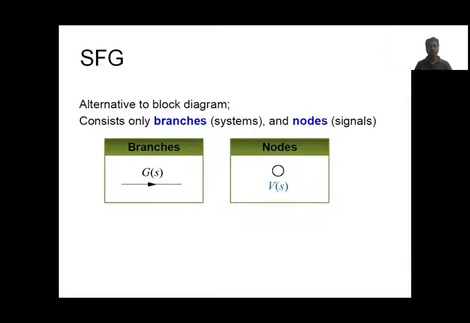And the signal flow graph also consists of nodes. Wherever the variable is there, wherever the takeoff point, wherever the summing point is present in the diagram, there we can represent with a small circle called a node. These two are the major components in signal flow graph representation.